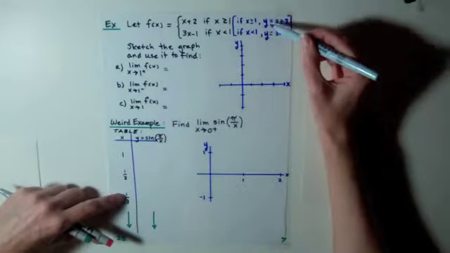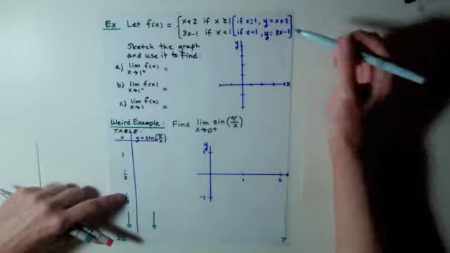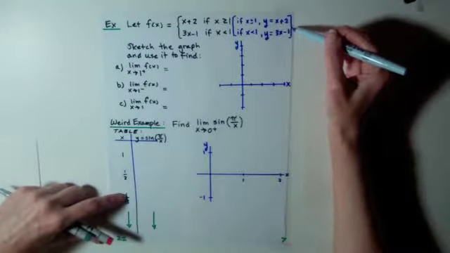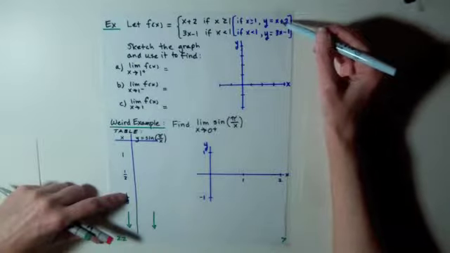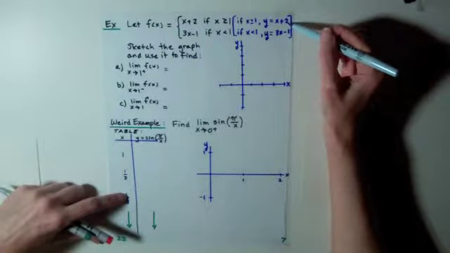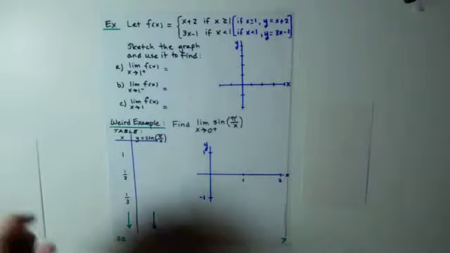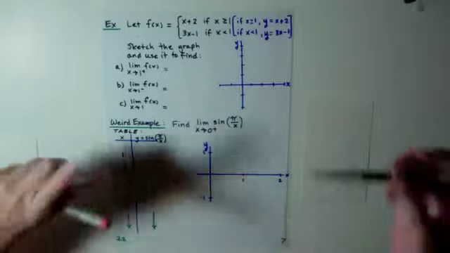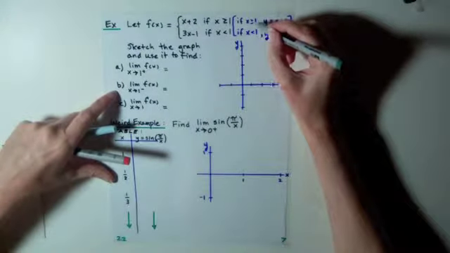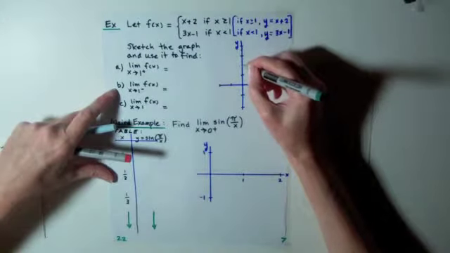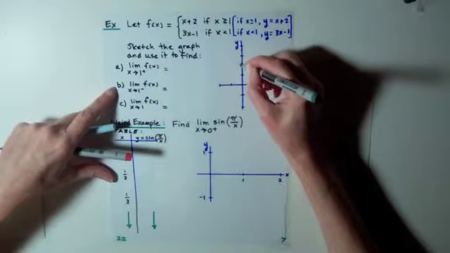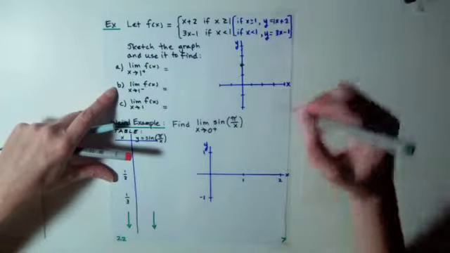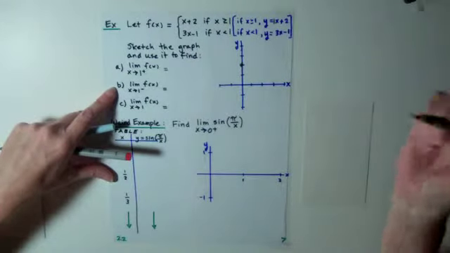For example, if I were to just graph y equal x plus 2, well, what would that look like? It would look like a straight line. This is a linear function. It would have a y-intercept of 2. So if I were just to graph y equal x plus 2 without worrying about the domain of my function at all, I'd go ahead and say, okay, it has a y-intercept of 2, so it crosses the y-axis here, and it has a slope of 1, which we could think of as 1 over 1, rise over run.